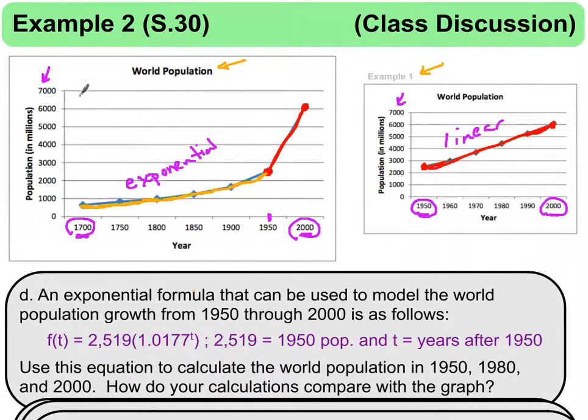This t power actually is a typo, and this t power should be out here on the outside, not on the inside, to where 2,519 is the population in 1950, and t is the number of years after 1950.